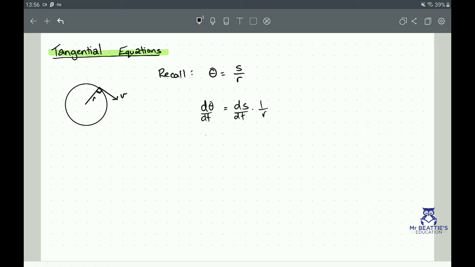And we know that d theta by dt is the angular velocity, and ds by dt is velocity, and that'll be over r. And so that gives us a new equation: the angular velocity is equal to v over r. Now this v here is going to be our tangential velocity.